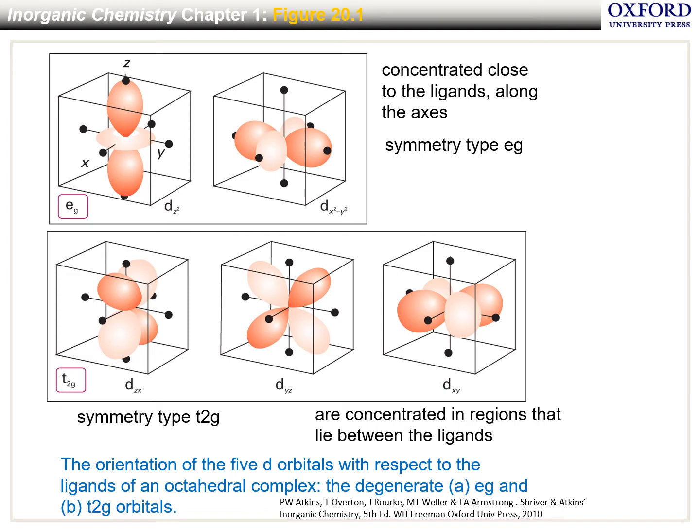When the d orbitals of a metal ion are placed in an octahedral field of ligand electron pairs, any electrons in these orbitals are repelled by the field.